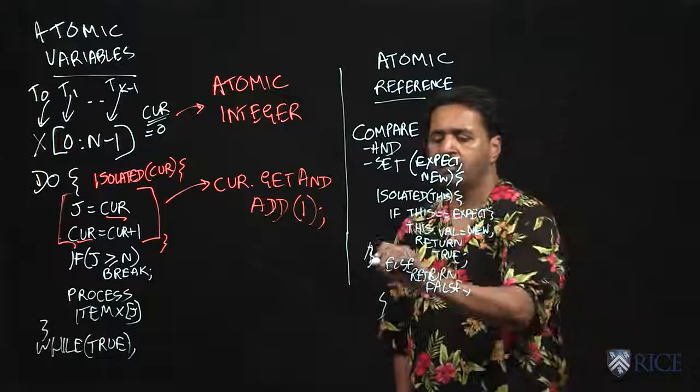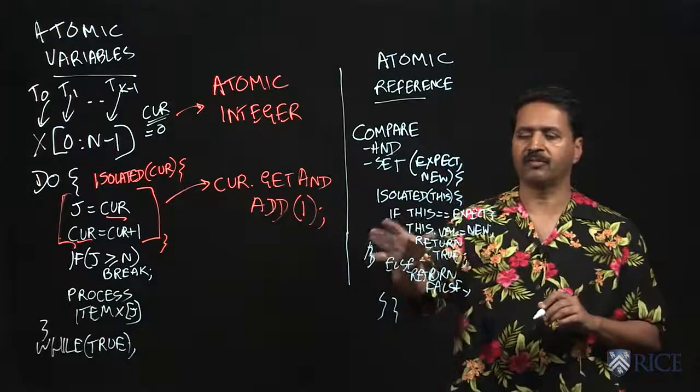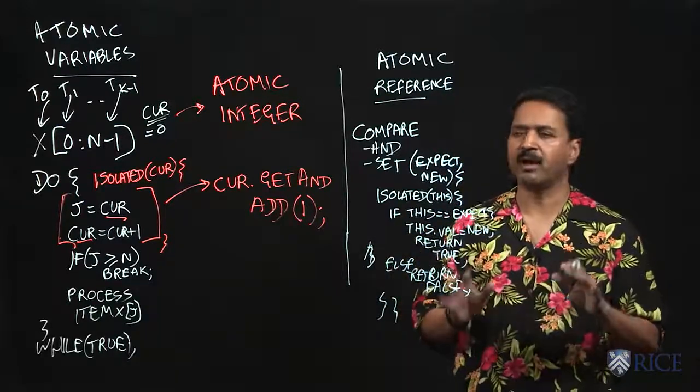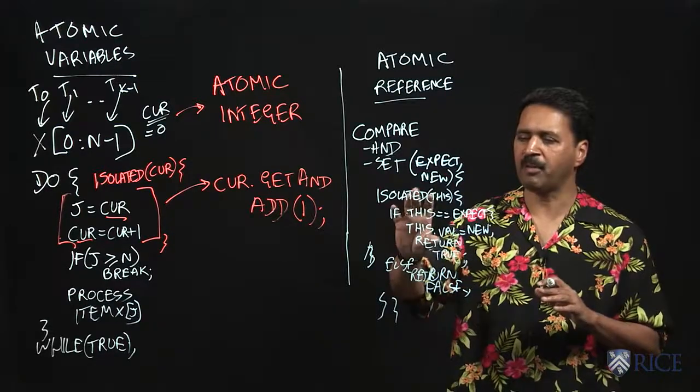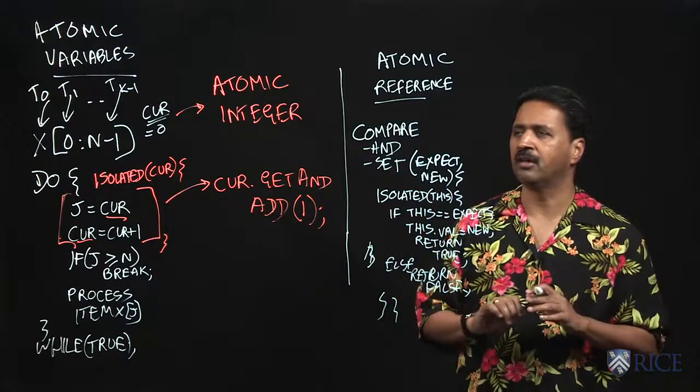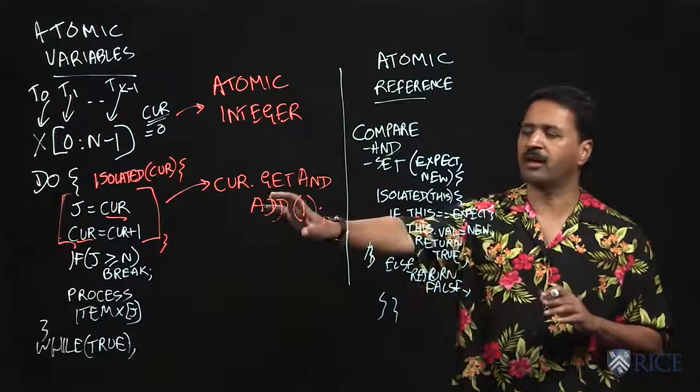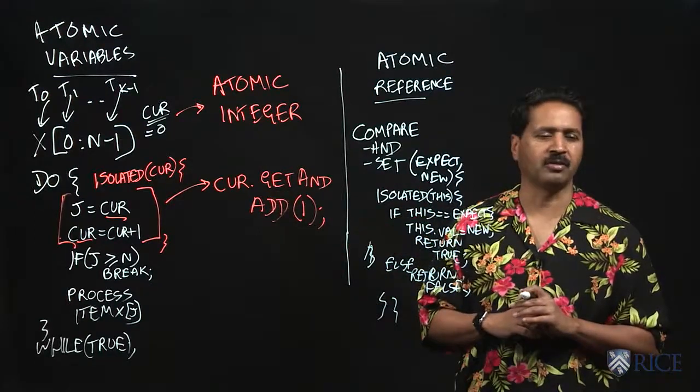So this whole computation of the if-then-else is done in isolated, but there's special hardware in modern processors that can implement this pattern very efficiently, just as there's special hardware that can implement getAndAdd efficiently.